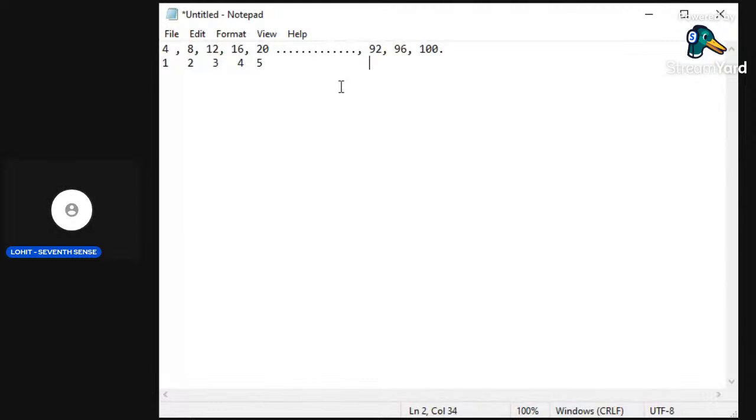Correct, it will be the 23rd. Next will be the 24th. Next will be 25. But as I told you, 100 is not a leap year. Why? Because if you divide 100 by 400, the answer is not 0. The answer is 100.